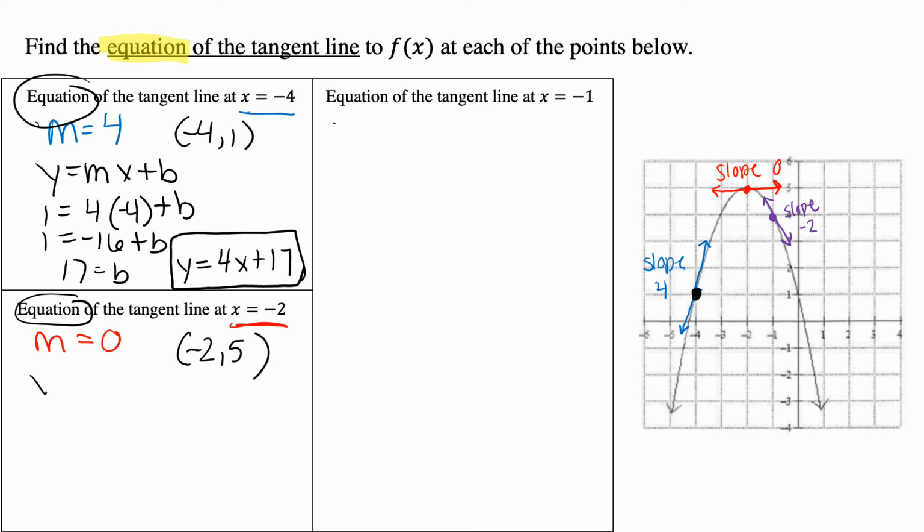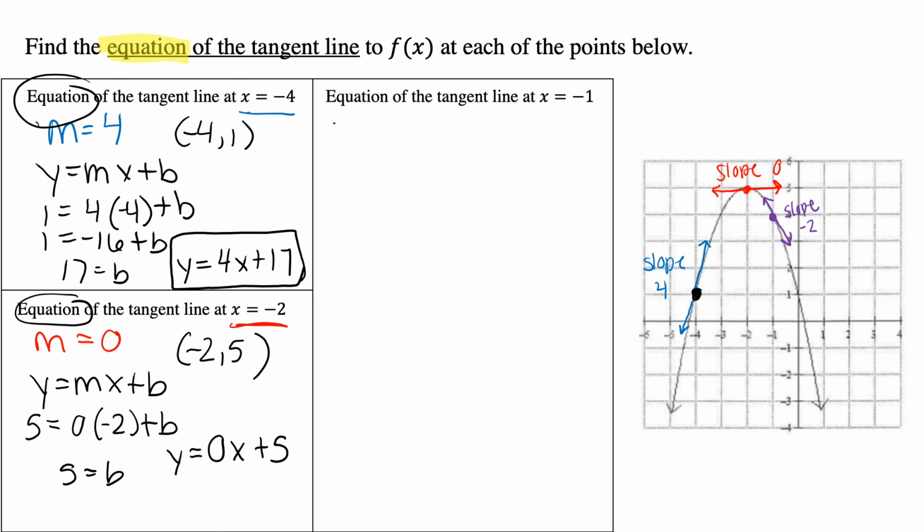Again, using y equals mx plus b, I'm going to plug in my x, y, and my m, so I have 5 equals 0 times -2 plus b, which gives me 5 equals b, which gives me the equation y equals, plugging in my m, 0x plus 5, which leaves me with the equation y equals 5. And that is the equation of the tangent line. Looking at our red line that we drew in earlier, y equals 5 makes sense.